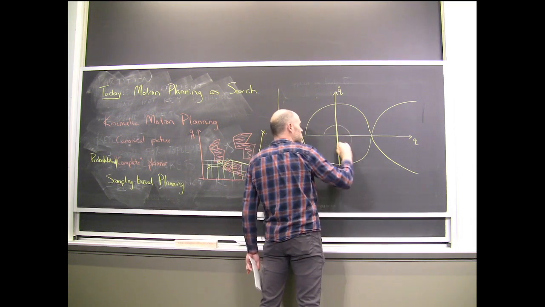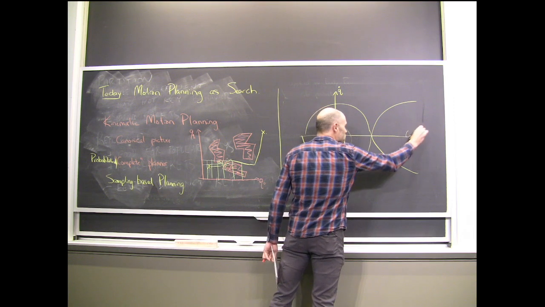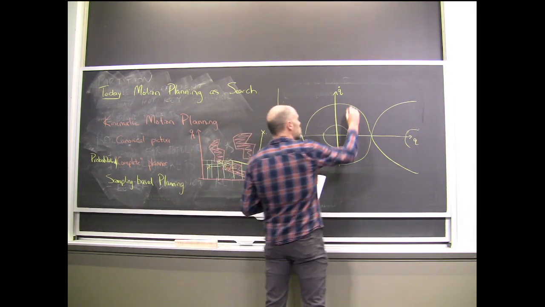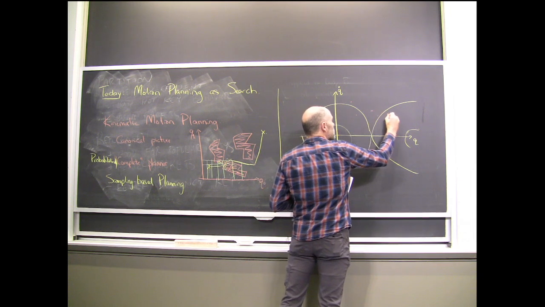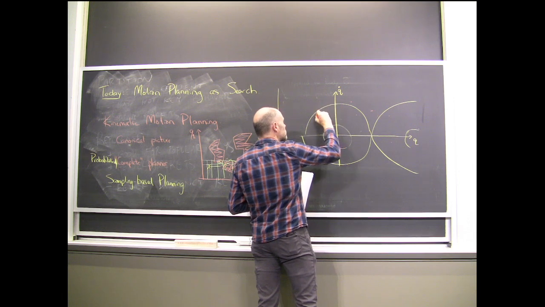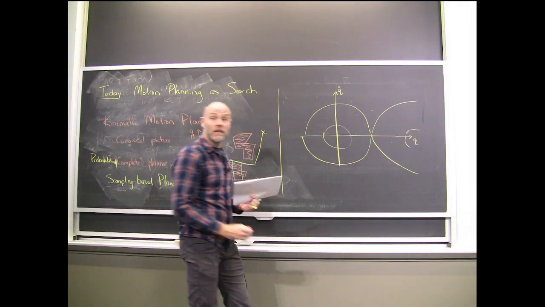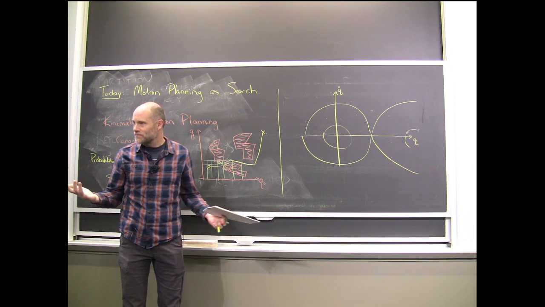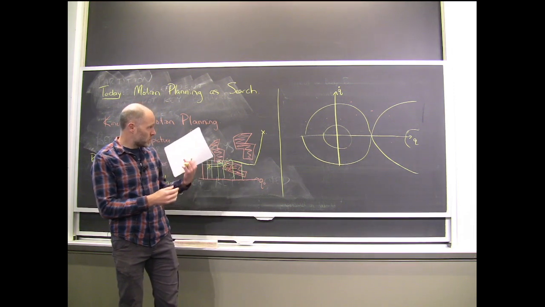You know the phase portrait of the pendulum well. Let's say I started picking random points, just sampling random points in state space, and then trying to connect them up. What works and what doesn't work about the algorithm?